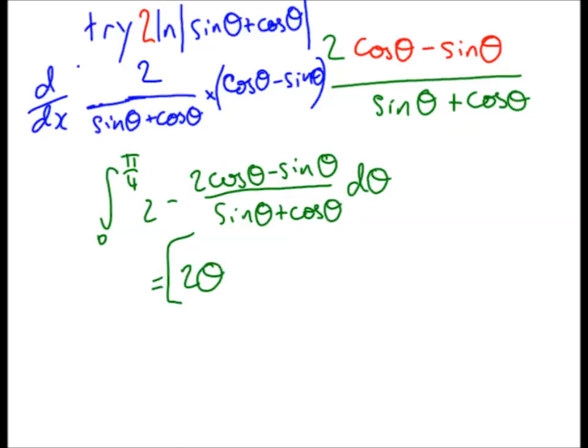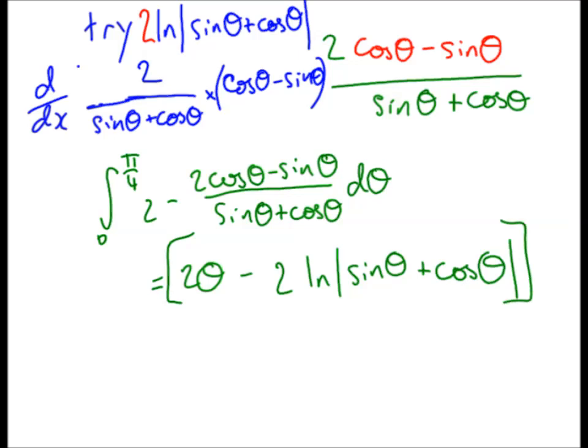And we now know that when I integrate this fraction, I'm going to get my 2 log mod of sine theta plus cos theta. And I'm going to put in my limits. My limits were 0 and pi over 4.